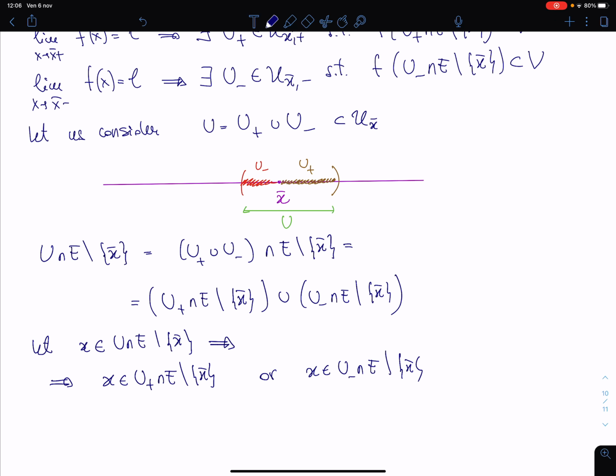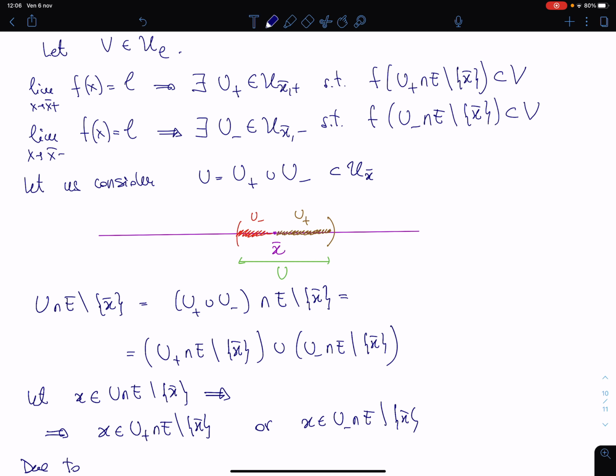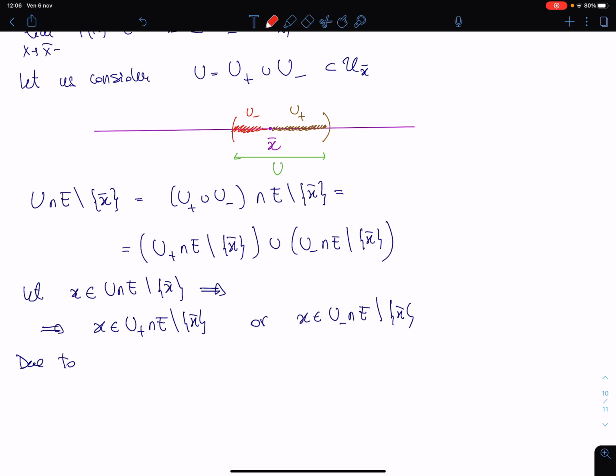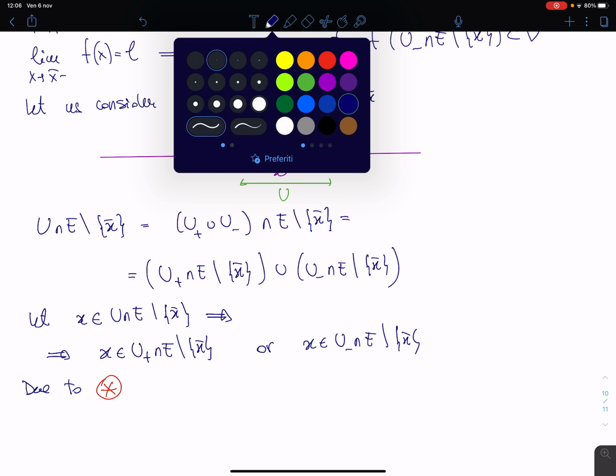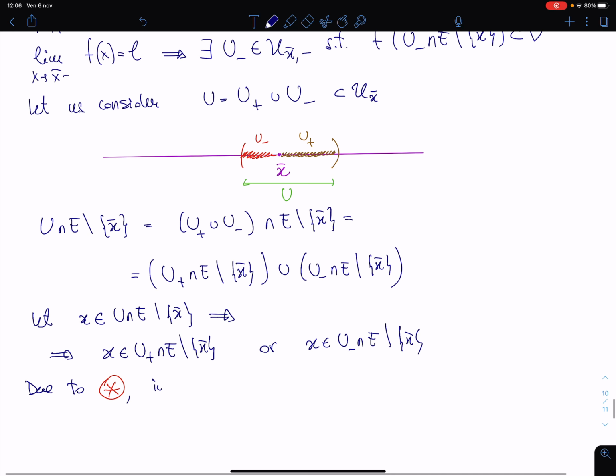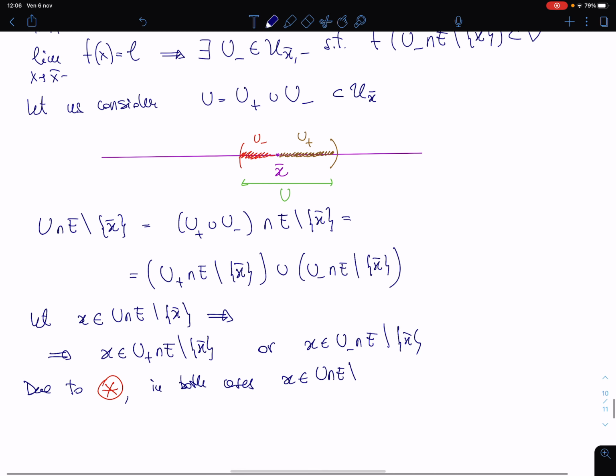But in both cases, due to the inclusions marked with asterisks, the red asterisk, in both cases x belongs to U intersection E minus x bar.